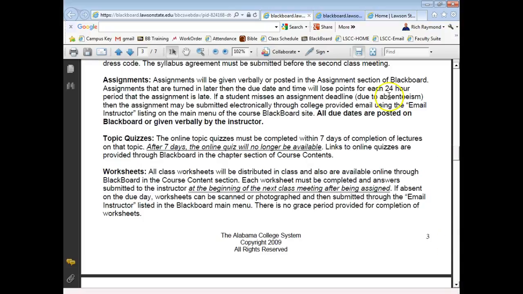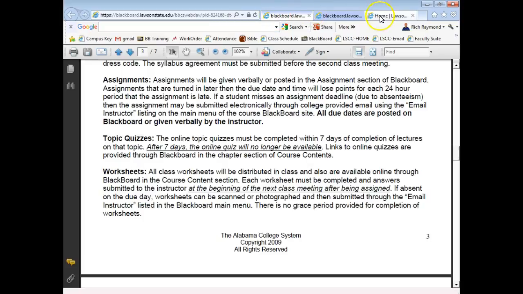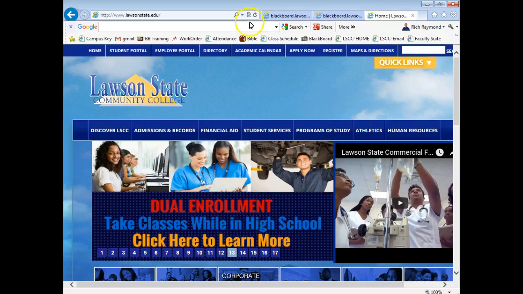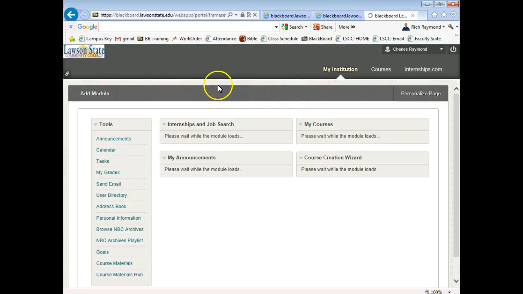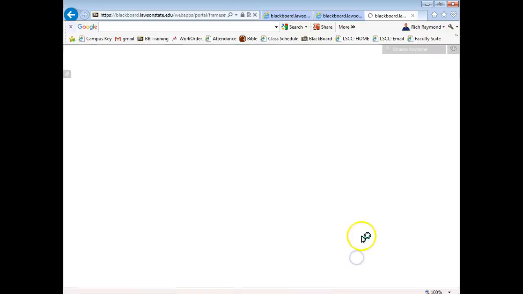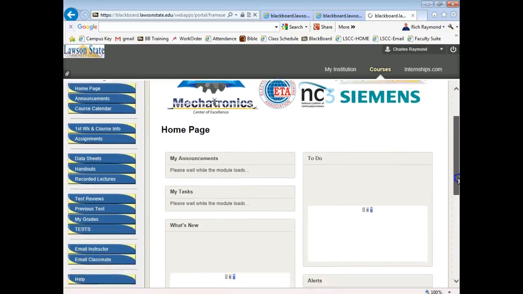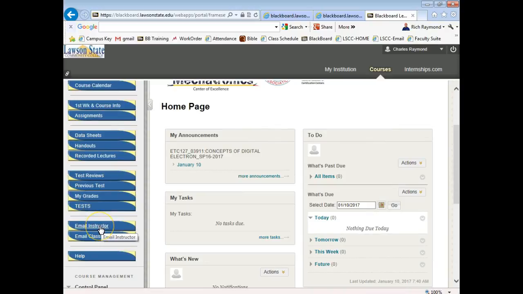You can attach it to the email. By the way, for any email from the class, don't send it from a weird address. What you need to do is use your Lawson email account, but do it through the website. So you notice over here on the left-hand side, you have a link that says what? Email instructor.